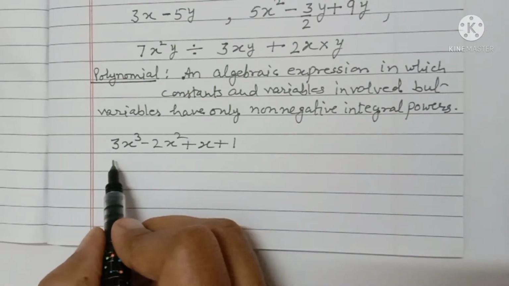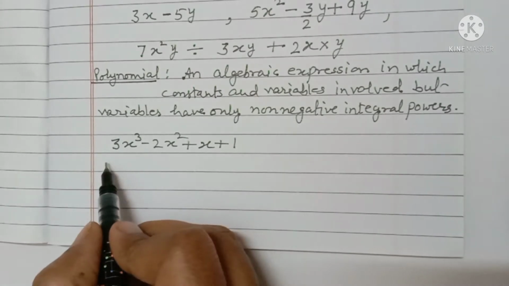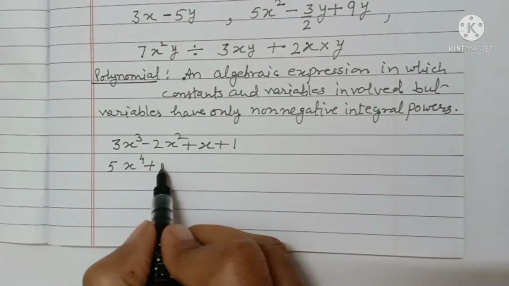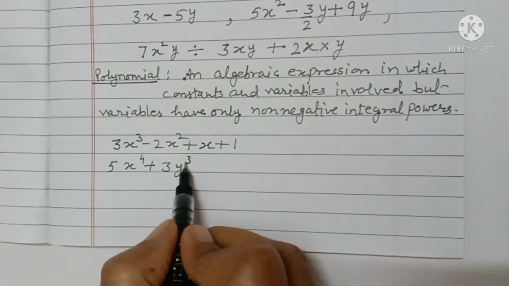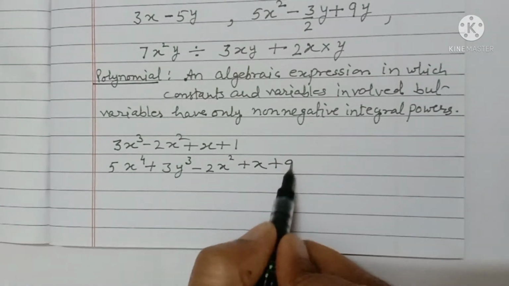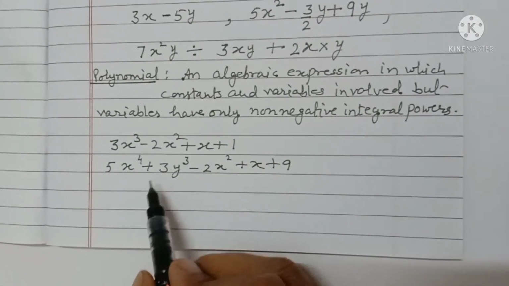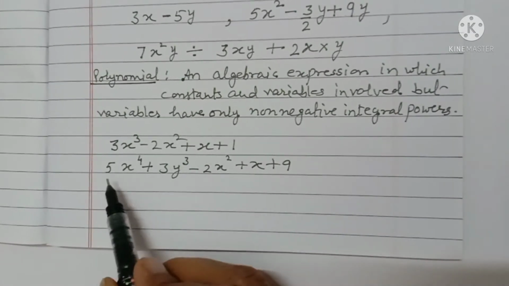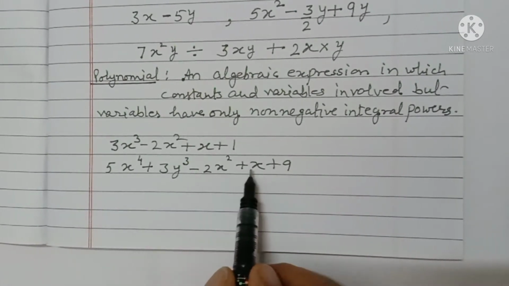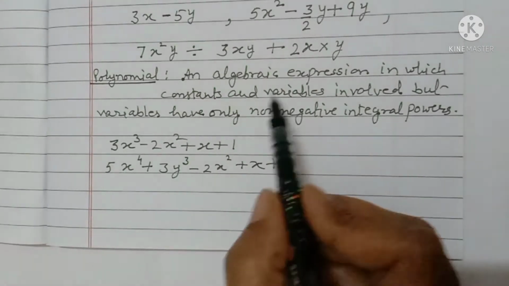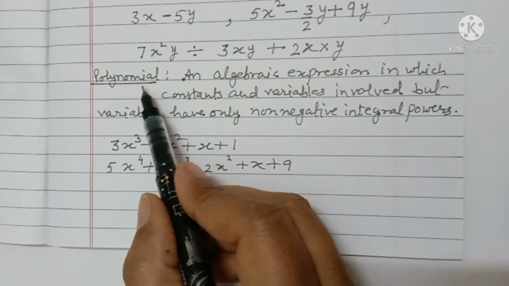Now an expression in which two variables are involved: 5x to the power of 4 plus 3y cube minus 2x square plus x plus 9. Here two variables are involved, so this is an expression in two variables, and the constants are 5, 3, 2, 1 and 9.